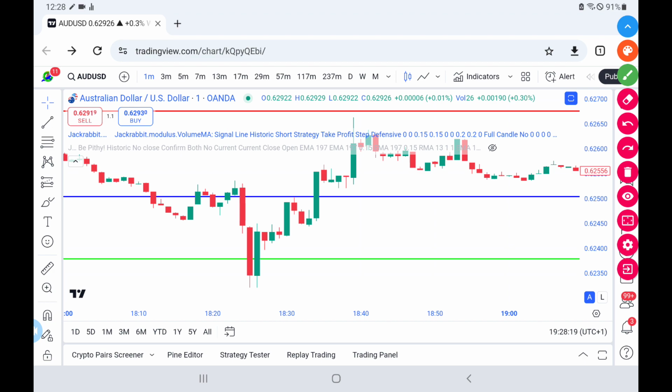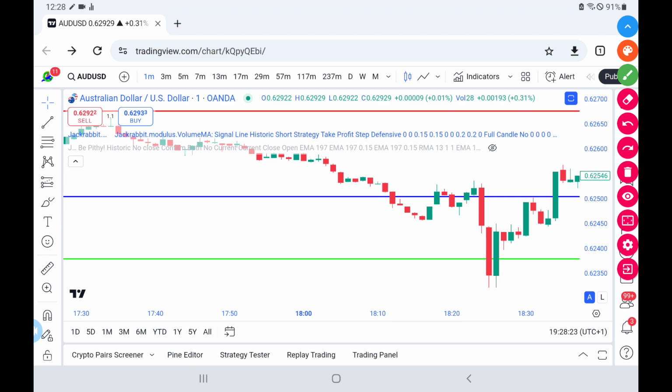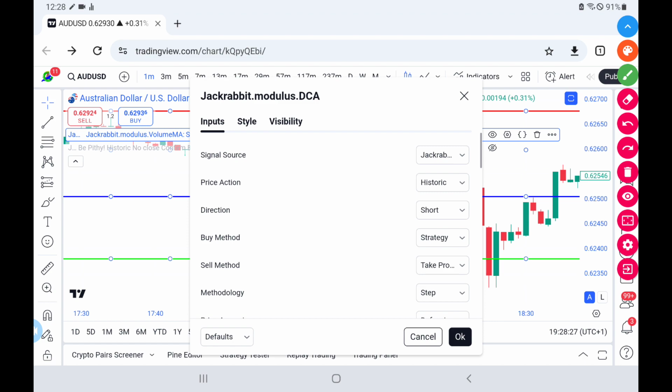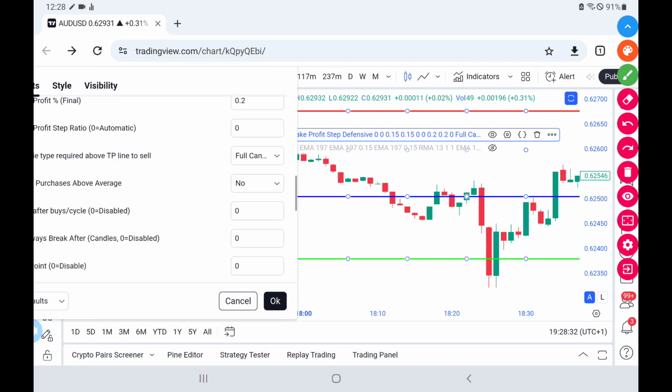So let's see what that looks like if I actually adjust the strategy to change how the take profit looks. For example, we see full candle. So let's change this to close only.